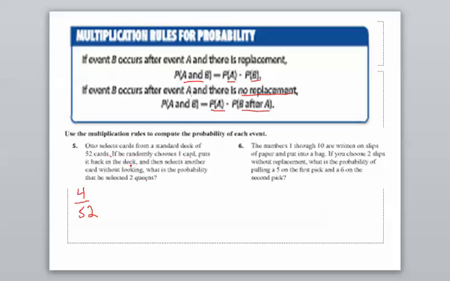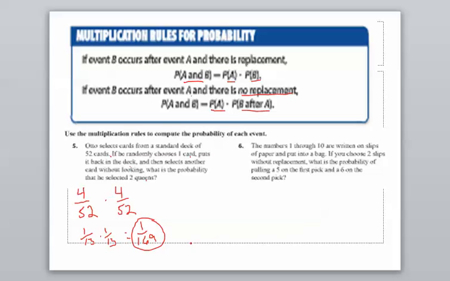He put the card back, and so the probability of getting a queen the second time is 4 out of 52. And we would just multiply these two together. Actually, that's 1 out of 13 times 1 out of 13. That's 1 out of 169.